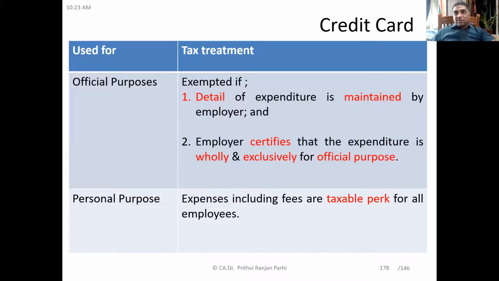In that case, it is exempt. But if it is used for personal purpose, then expenditures incurred through this credit card, as well as the fees paid for maintaining that credit card, all of them will be taxable as a perquisite.